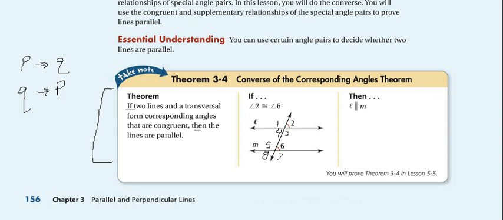In this case, if two lines and a transversal form corresponding angles that are congruent, so 2 and 7 are corresponding angles and they are congruent, then the two lines, line L and line M, are parallel. So we're just doing the converse of all the theorems that we did last time. Okay, so make sure you have that written down.